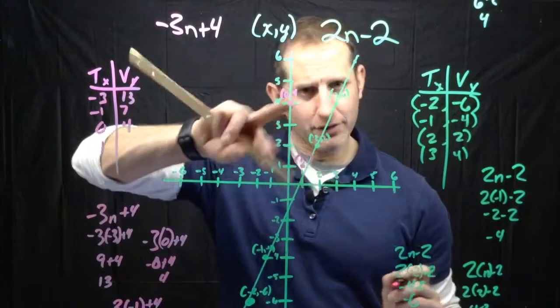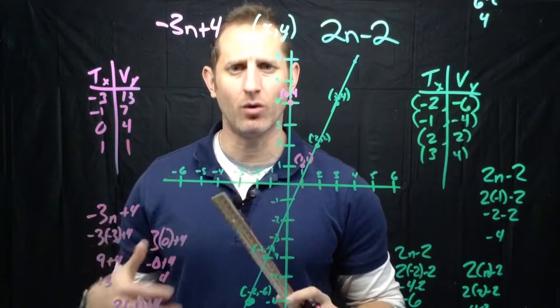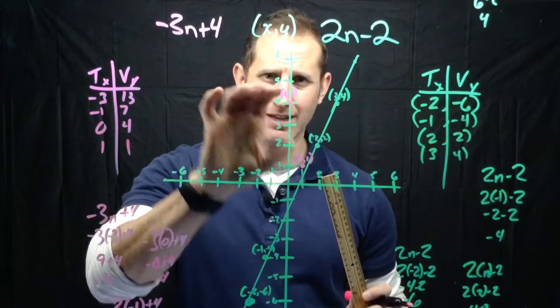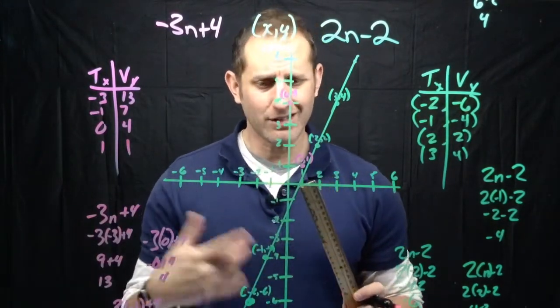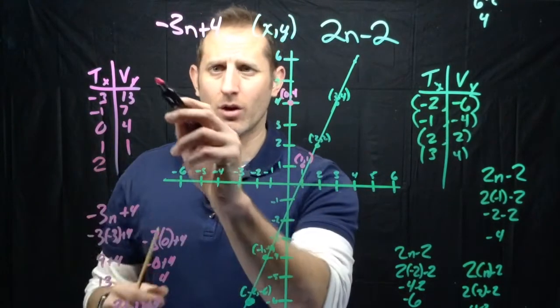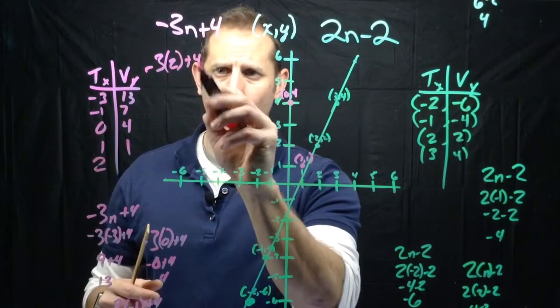Now, I only have 2 dots, so that means that I'm probably going to need to do an additional term, because I don't just want to connect these 2 dots. I don't really know whereabouts that line is going to continue on. So let's do an additional one. Let's do term number 2. Let's go negative 3 times 2 plus 4.